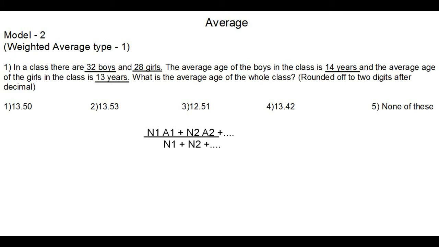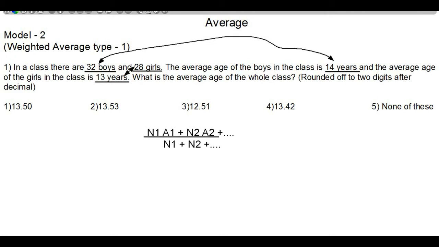Now in the given question as well, we find two groups. One is a group of 32 boys and the other is a group of 28 girls. For these 32 boys, the average is 14 and for the 28 girls, the average is 13 years. The average age of the whole class will be nothing but the combined average of these two groups.